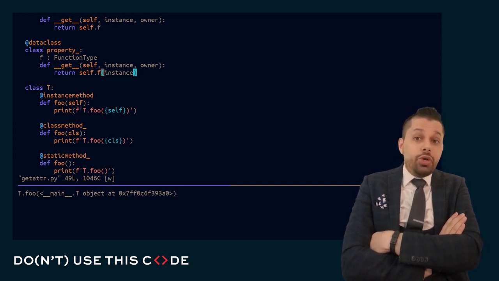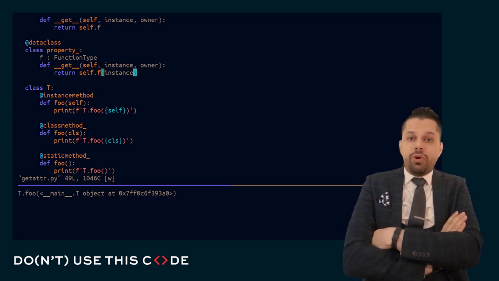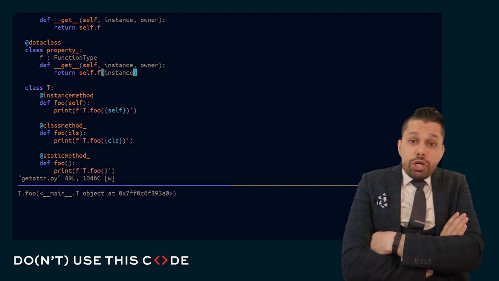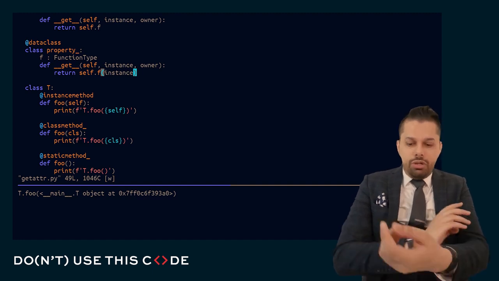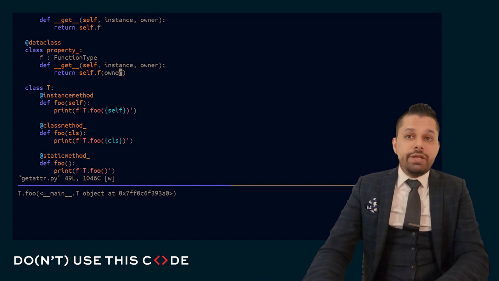You may even find an ordering dependency where you can do class method and property in one order but not in the other order. One way around that might be to write your own implementation of the descriptor protocol that fuses the property behavior and the class method behavior. You can see in this case it's as simple as passing in the owner instead of the instance.